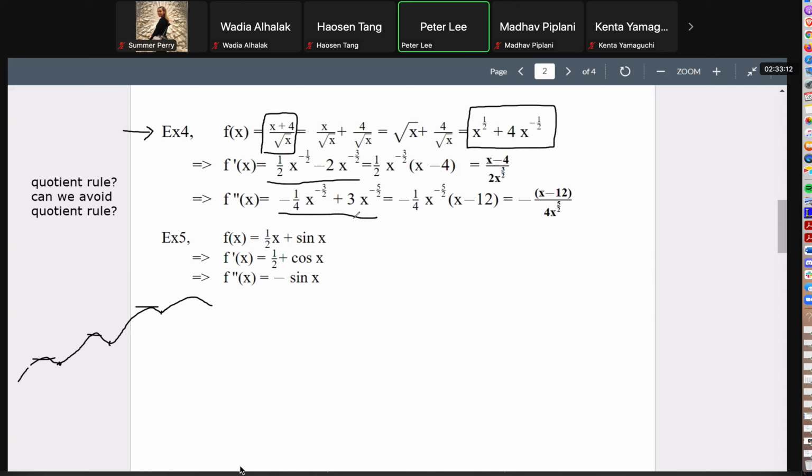Now the form we want is this form right here. Write the answer so that every exponent is positive, so that we can immediately see that x equals 0 makes the denominator 0. And we have this guy right here. Now I'm going to ignore this number 5 here.